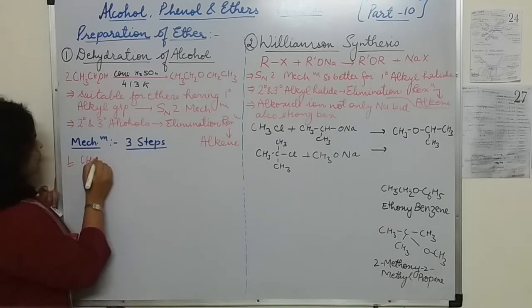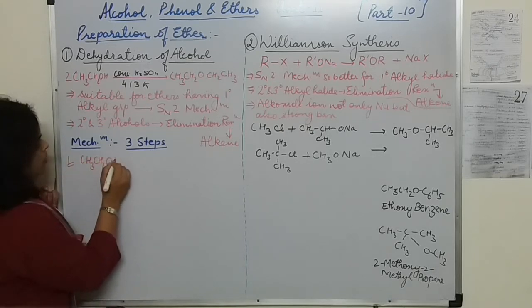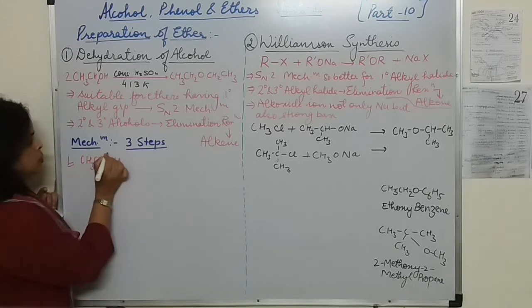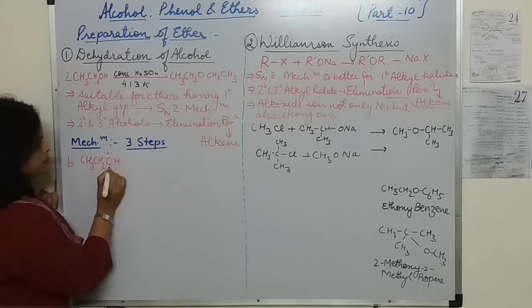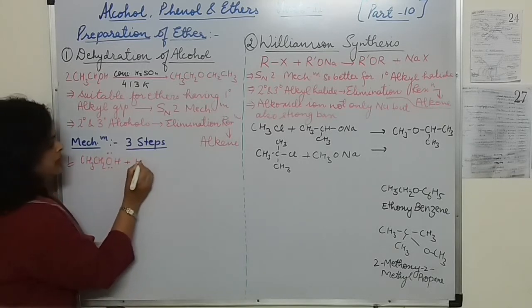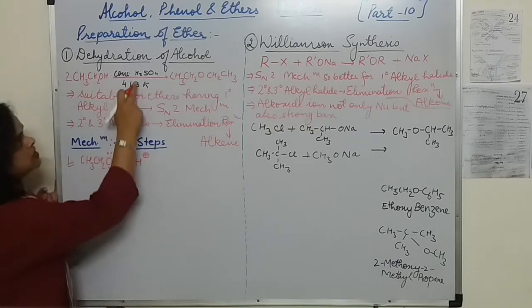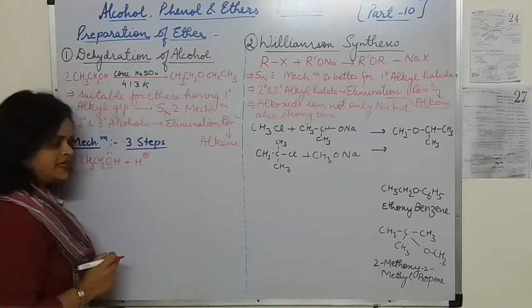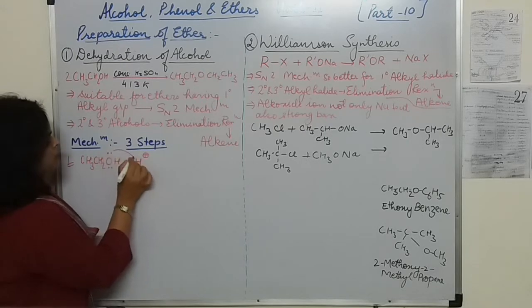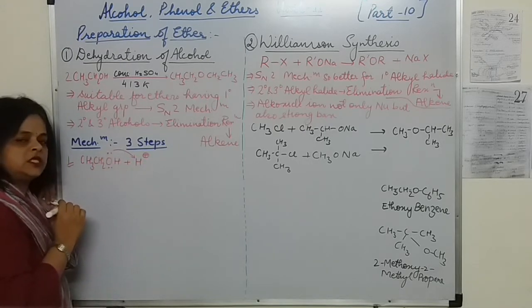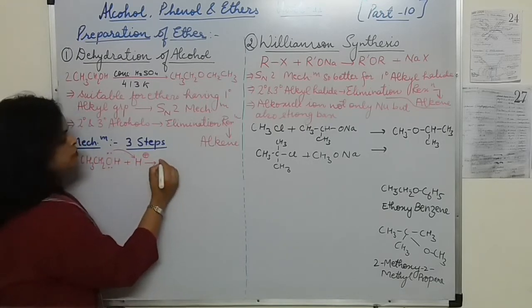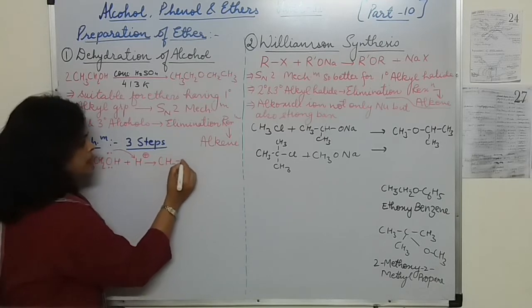CH3CH2OH. O has two lone pairs of electrons, in the presence of H plus ions because it is taking place in the presence of acid. Now, a lone pair of electrons moves towards the positively charged hydrogen and forms protonated alcohol.